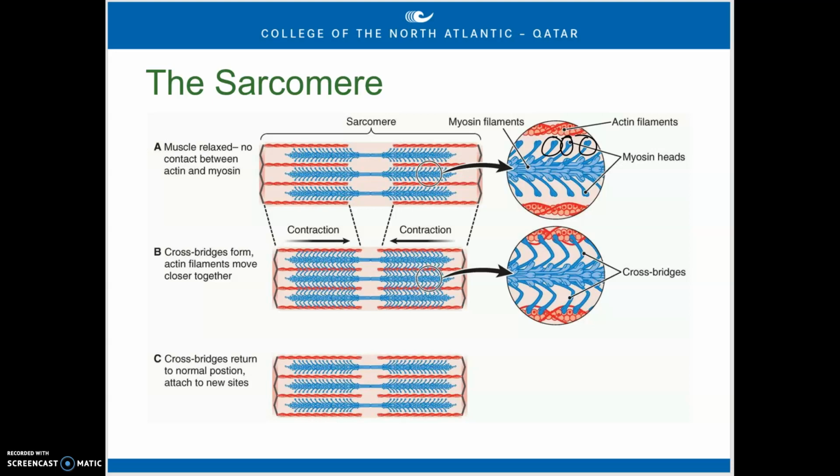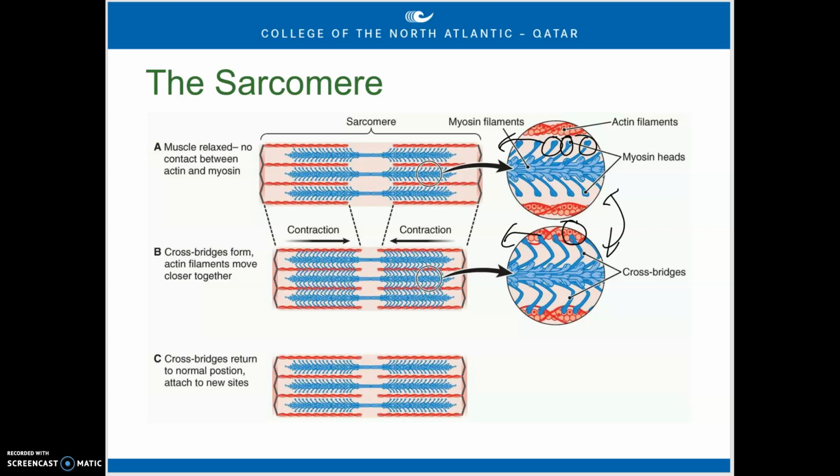Now when muscle contraction is initiated, the myosin will come in contact with the actin, and the head will form a cross bridge between the actin and the myosin. While that's happening, if you look between these two pictures here, the myosin head moves backwards. So that's what it's done here.